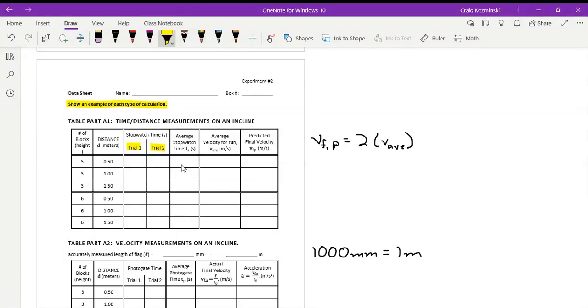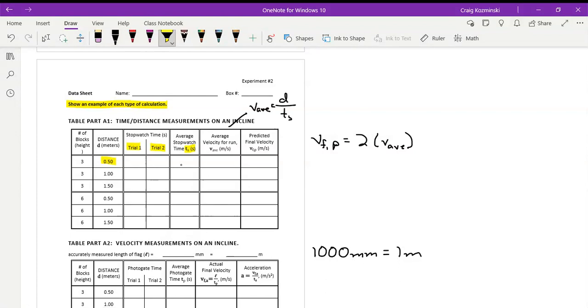And then you're going to average these together to figure out your T sub S. Then the average velocity for the run is equal to the distance that the car travels divided by the average time. It might be helpful for you to come in before lab having written down these equations. V av is equal to the distance divided by T sub S.